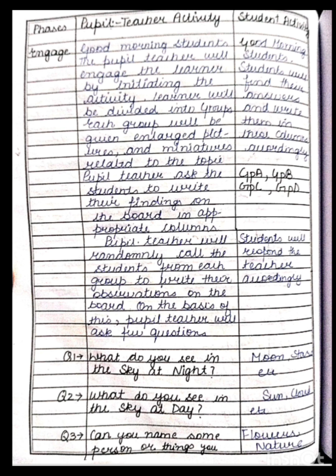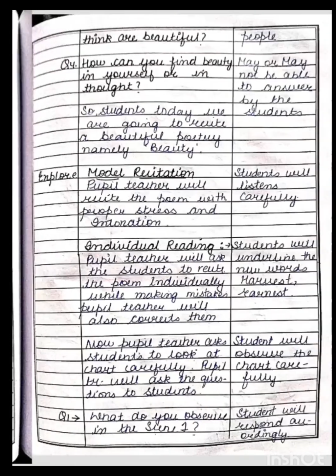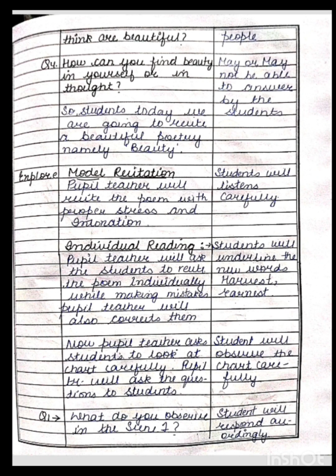Moon, stars, etc. What do you see at daytime? Sun, clouds. Can you name some persons or things? The flowers, people. The fourth one is how can you find beauty in yourself or in thoughts? There may or may not be answers.